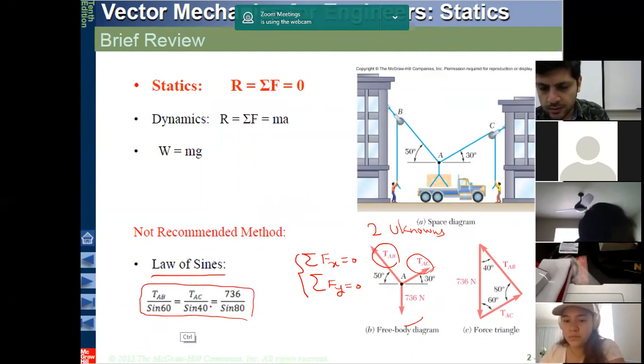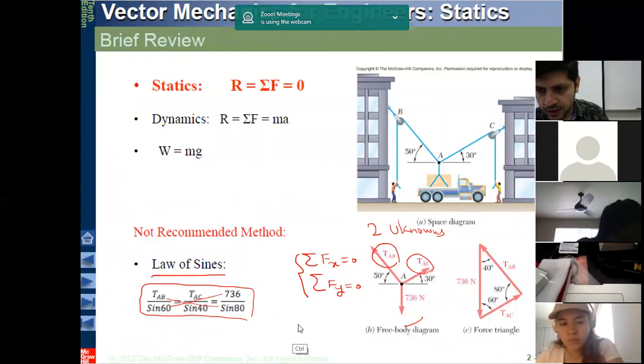Unlike the previous 2 sets of equations, here you can directly determine the unknowns. If you just multiply TAB by sine of 80 and 736 by sine of 60 and put them equal together, you get TAB. But where are these sine values coming from?